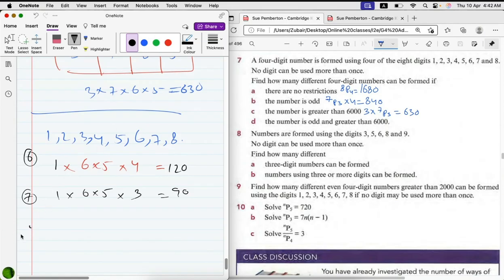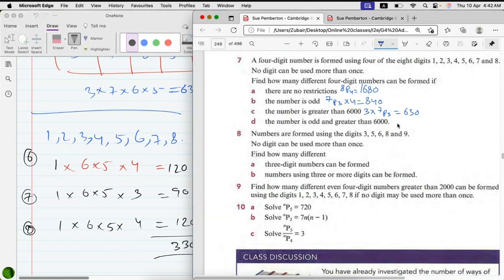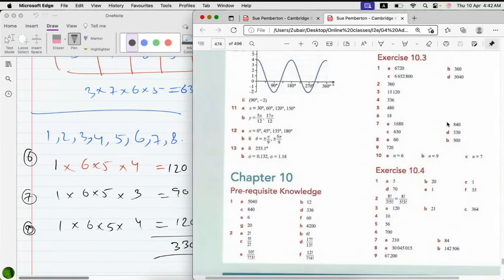And if we make the first digit 8, that's again one choice, and I again have 4 odd numbers at the end, and out of the remaining 6, we have this choices, 120. And total is 120 plus 120 plus 90 is 330.